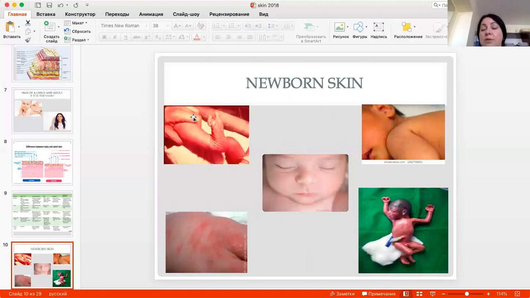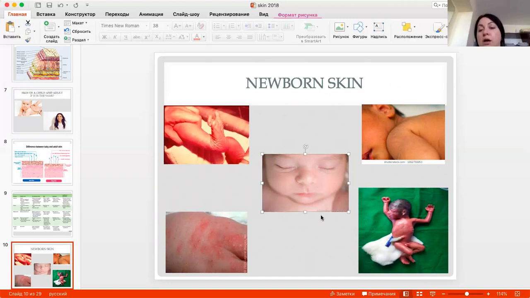Sometimes we have extreme dryness and peeling of skin of a newborn child just after birth. Especially it's typical for post-term babies. Post-term means born later than 42 weeks of gestation, because as you remember, term babies are babies born at 38 to 42 weeks of gestation.